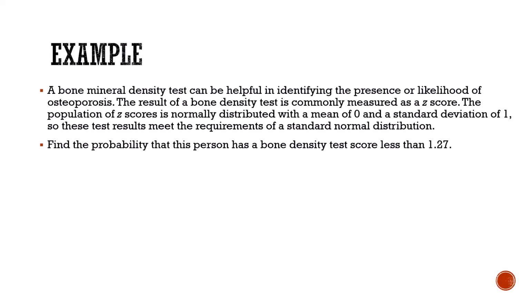So again, we know this is a standard normal, so mean of 0, standard deviation of 1, we can use this table. We're trying to figure out the probability that a person has a bone density test score of less than 1.27. First off, before we even try using this table, is this going to be a number that is less than half or more than half?